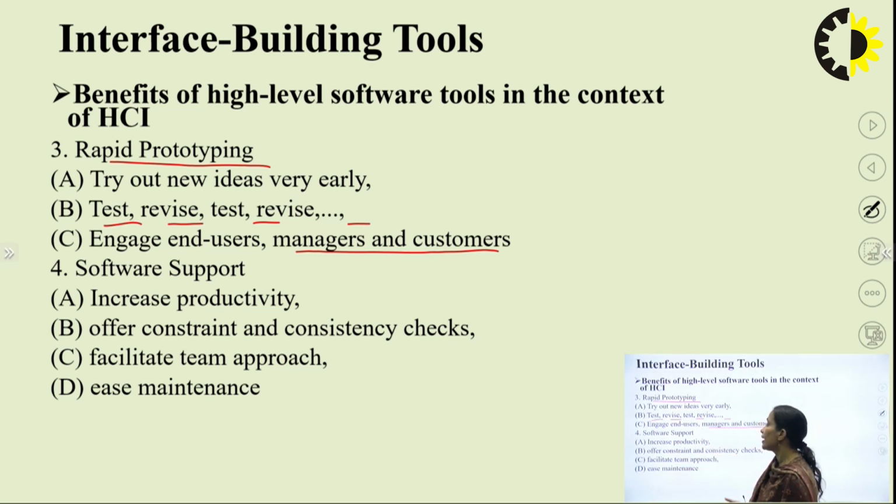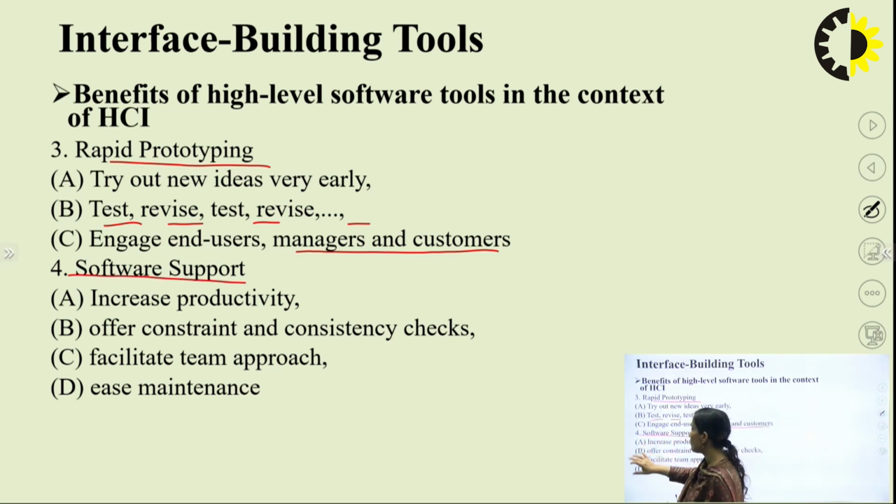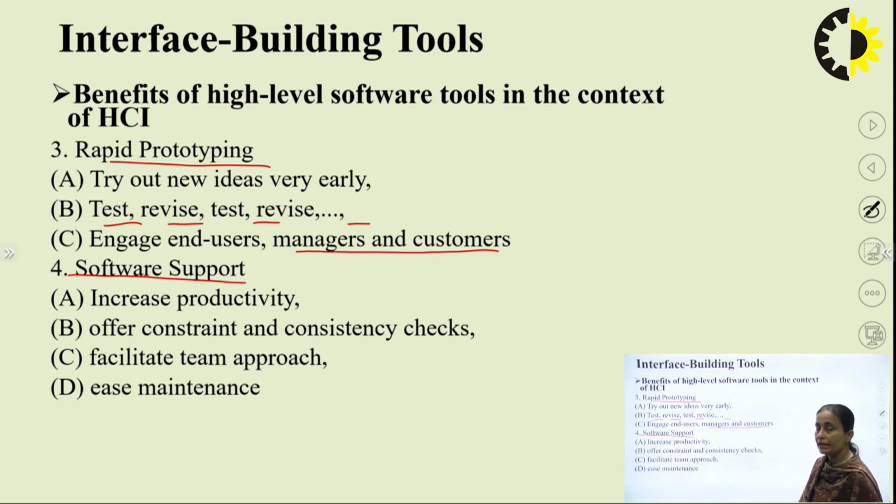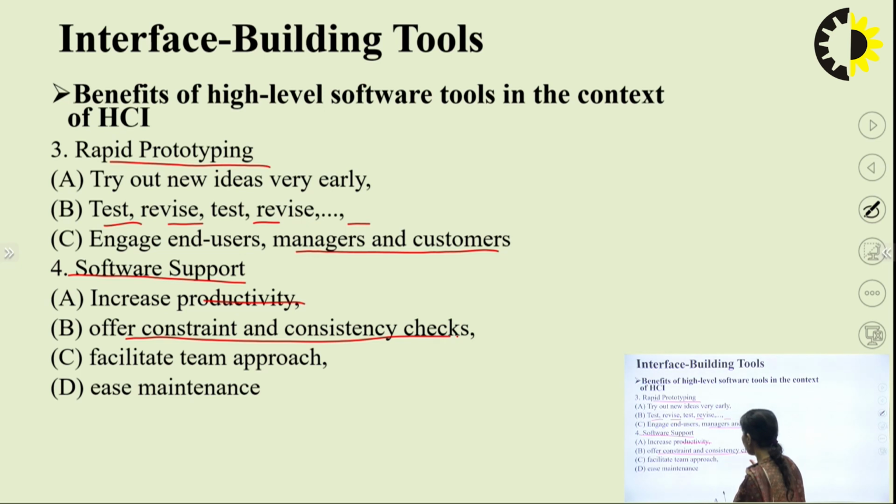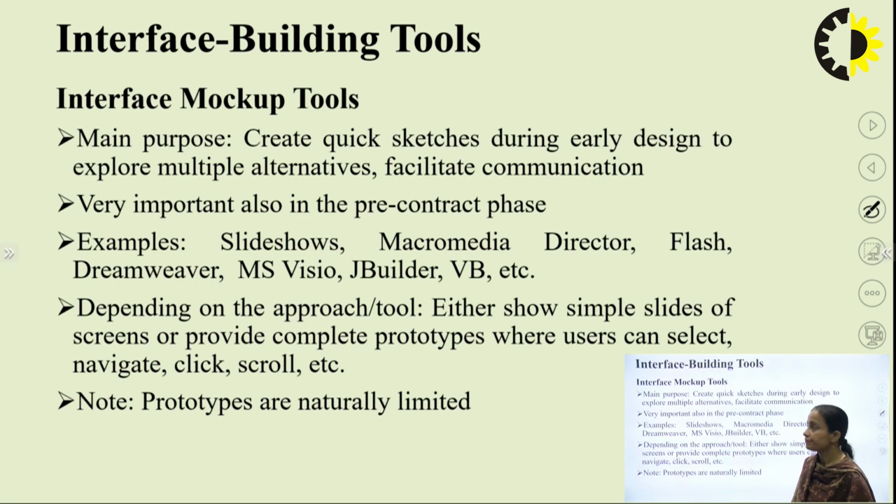So we are engaging the end users, managers, and customers. Then the fourth point is software support. Software support means we want to increase our productivity. Then we offer constraints and consistency checks. We are facilitating work in a team, and then we think about the maintenance.